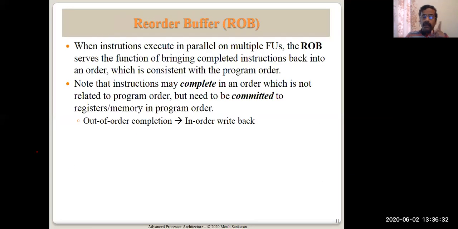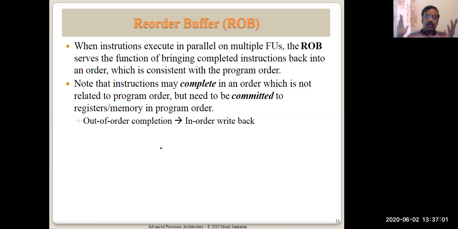Now remember, the waiting is not gone. Waiting for writing into the register set is not gone. But we are saving time because of freeing up the functional unit. Earlier, the functional unit was holding the result and waiting. I want to execute the next instruction, but I cannot because I have to write this result into the register and there is a hazard, so I have to wait.